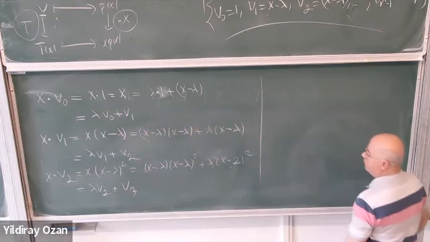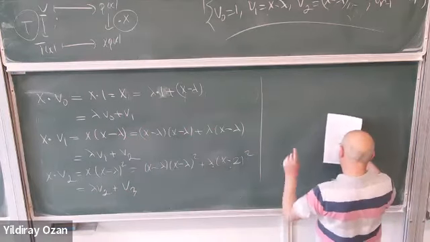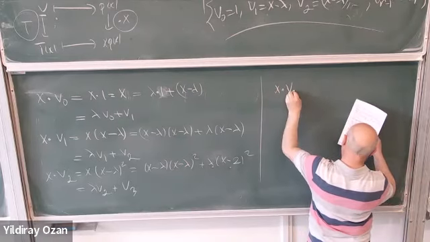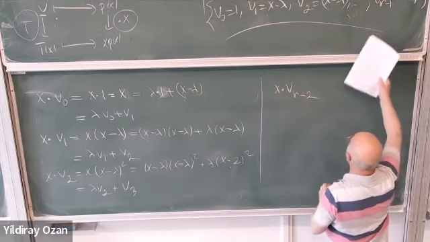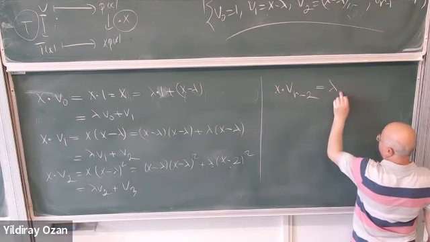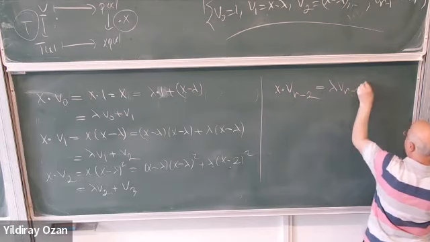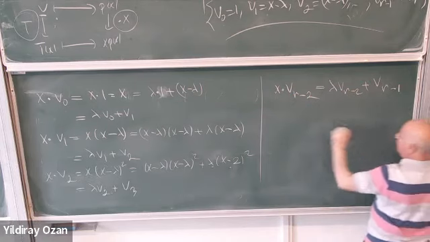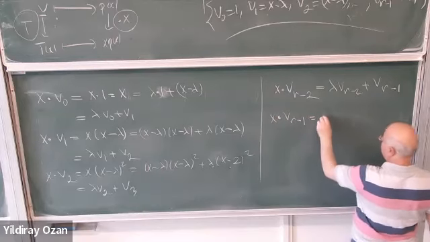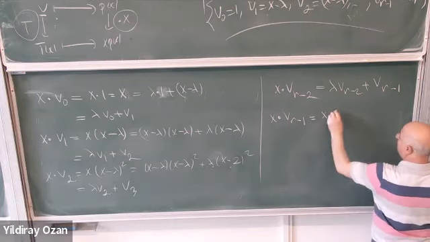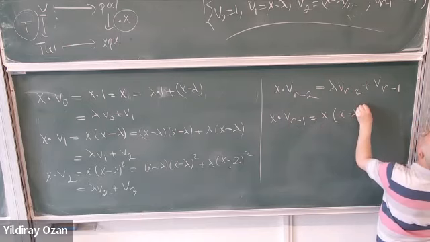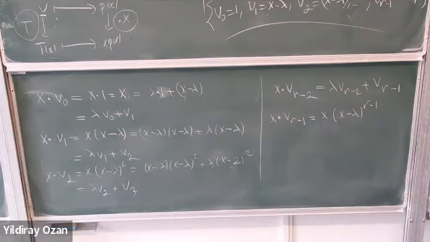Okay, so finally we will have what? x times v r minus 2. This will be again lambda times v r minus 2 plus v r minus 1. And the last one, x times v r minus 1. So this is just x times v r minus 1. This is x minus lambda to the power r minus 1, right?